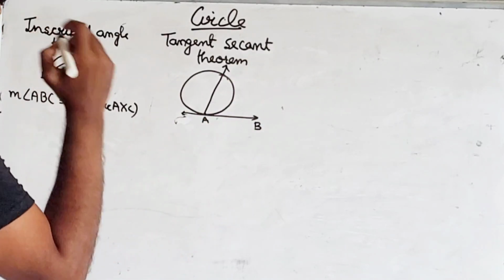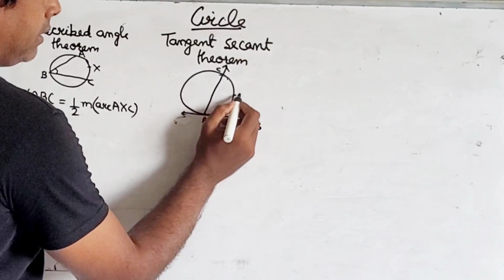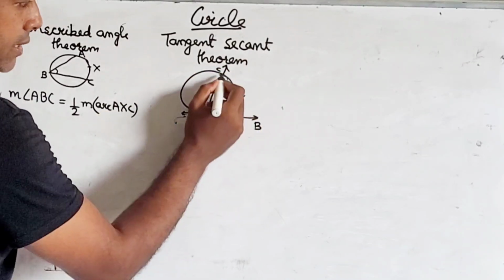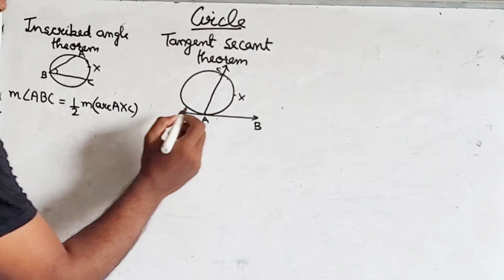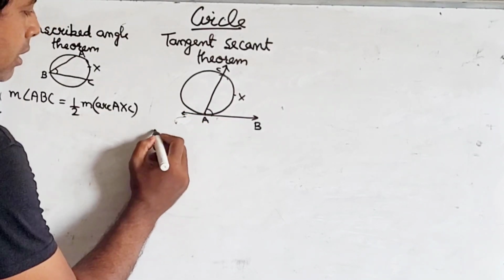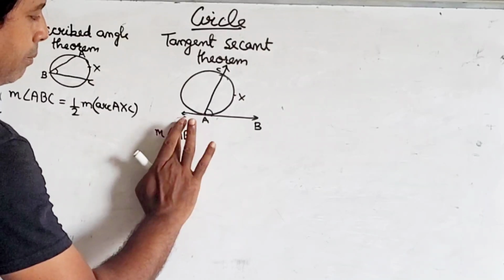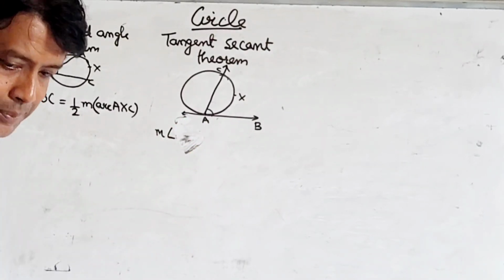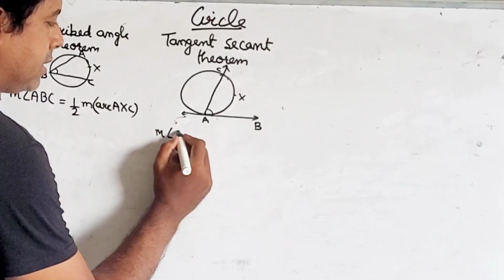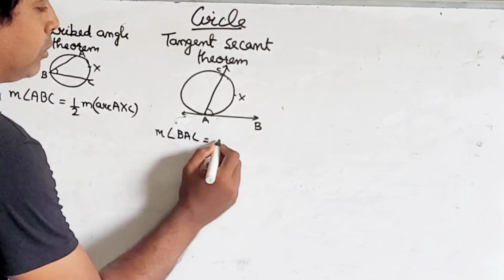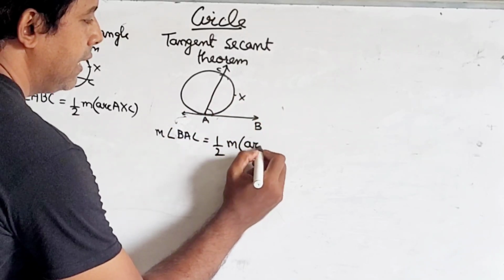Let's consider this point C, so that this part is the intercepted arc which cuts the tangent and the secant. Then measure angle BAC will be equal to half of measure arc AXC.